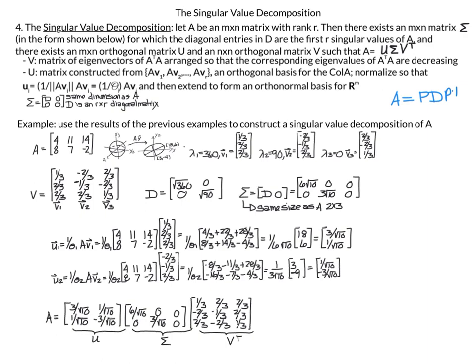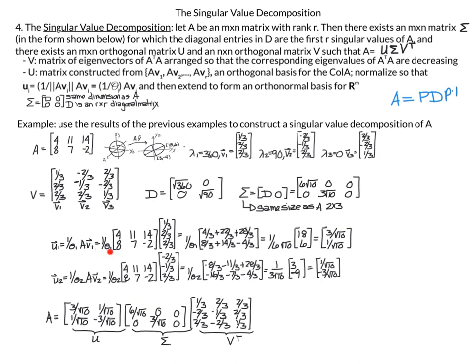And remember, U is designed so that U times sigma is equal to AV, so that when I multiply U sigma, that's equal to AV, my V and V transpose can become the identity, and then I'm left with A. But anyway, that's how we derive the formula for U, which is 1 over sigma times A times V1.